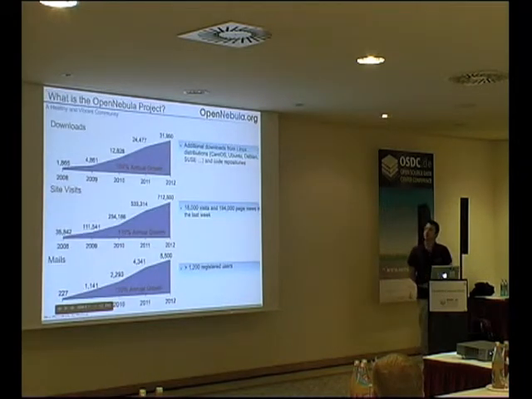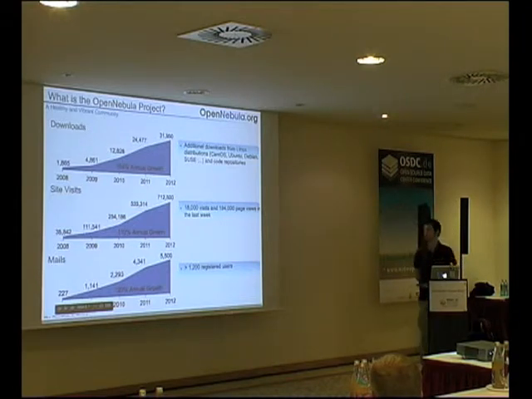Okay, so this is some data on the project and the software as well. So you can see the nice graphics saying that, well, the community is healthy, and the interest in OpenNebula is just starting to grow fast. So for instance, you can see that there's over 1,000 registered users in the mailing list.